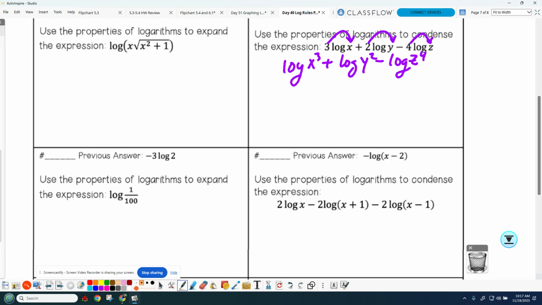Then, Ally, what's the next thing you would do? Like, make it log x to the 3rd, multiplied by y squared, divided by z to the 4th.